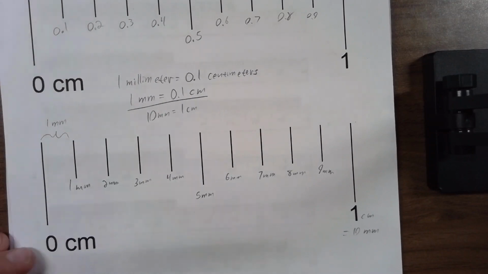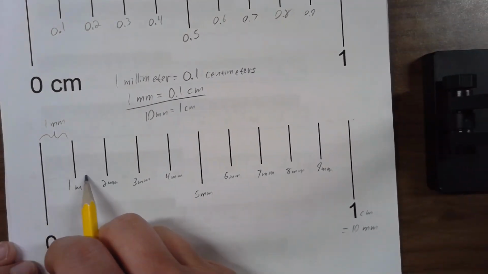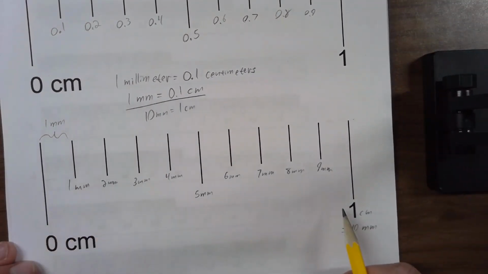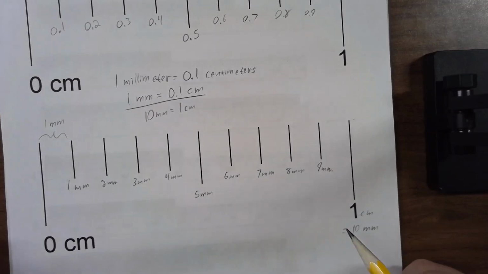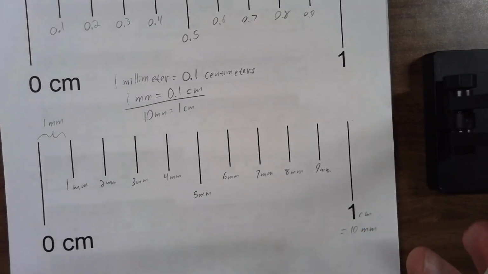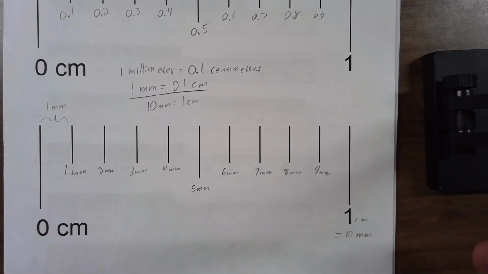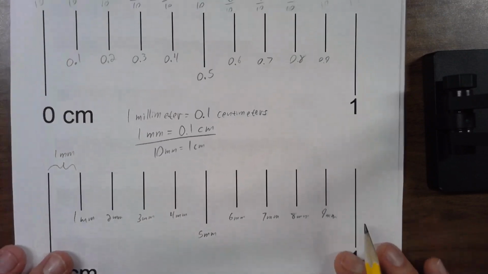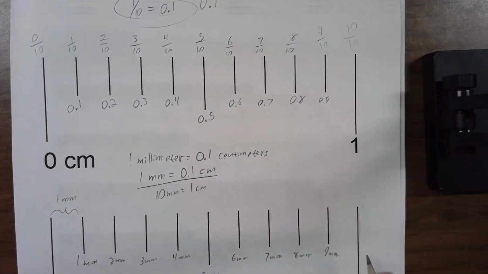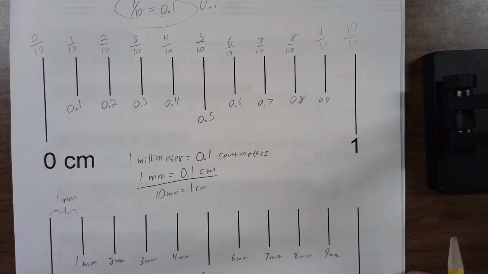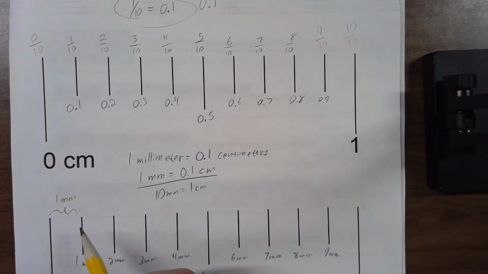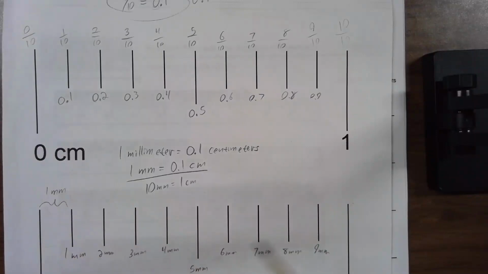Okay, so we can either think about these as 1/10 or 0.1 centimeters or a millimeter. So I'm going to show you guys how we're going to practice that in just a second, but I wanted you guys to see that. So if you guys want to freeze the video right there, so you have an idea. And let me go back up, and if you want to freeze the video here, you can do that as well. I didn't write centimeters after every single decimal because it's already implied that there's this big centimeter right there.